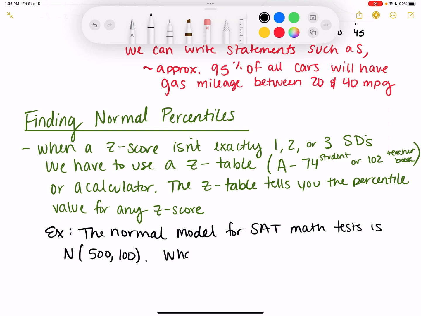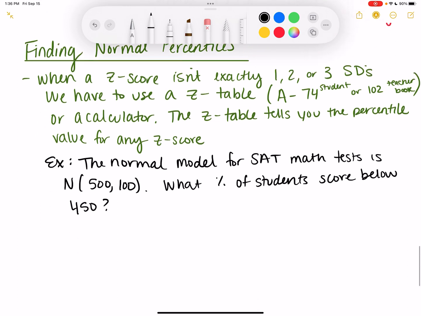What percent of students score below 450? Now, for the moment, when we do this, I'm just going to have you take my word for it, but I will show you the tables later. It's easier to see in the examples that we're going to do later.